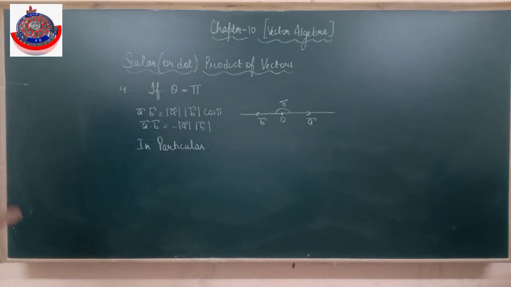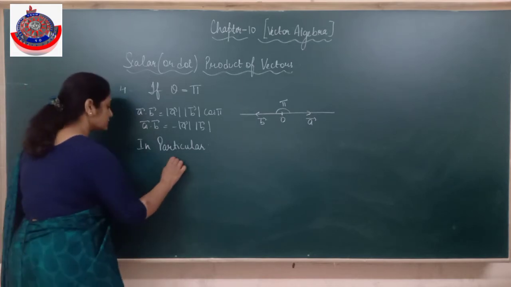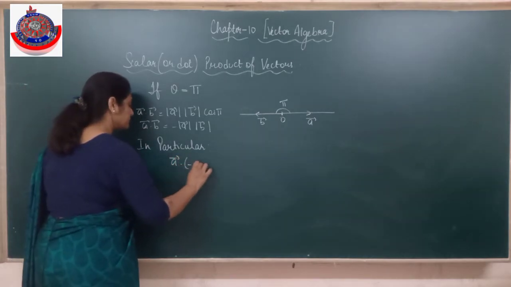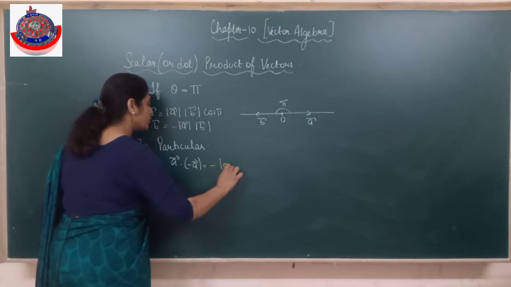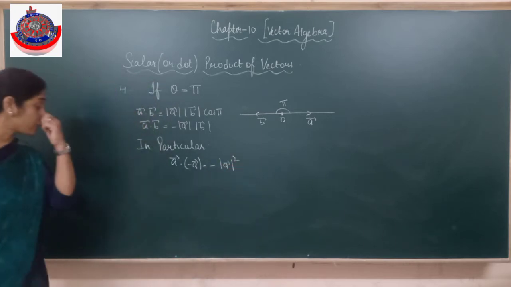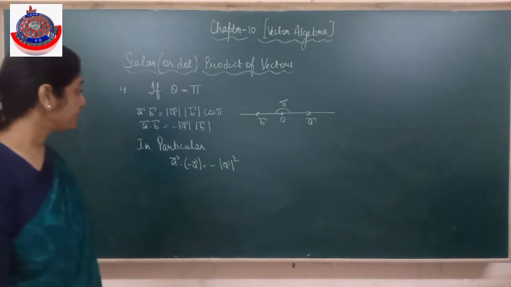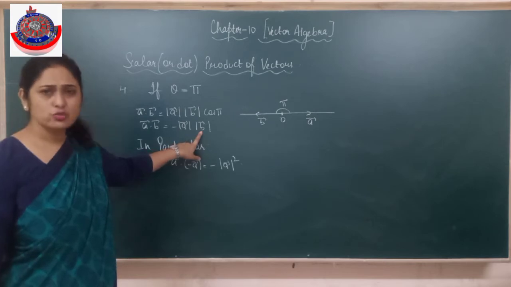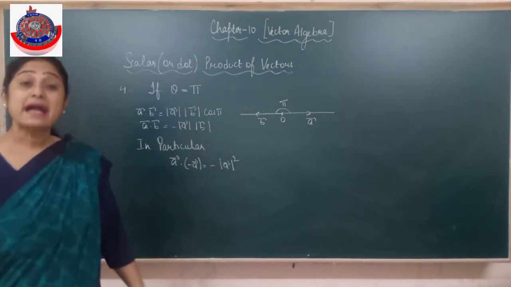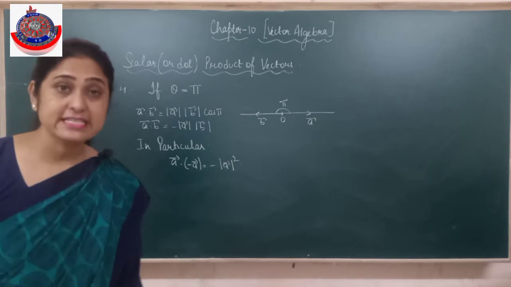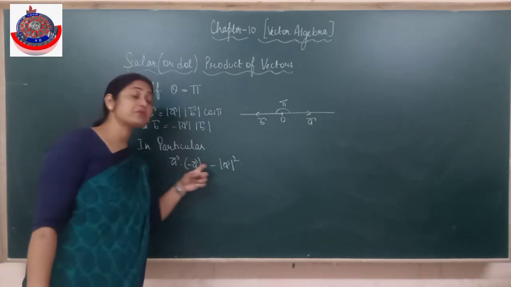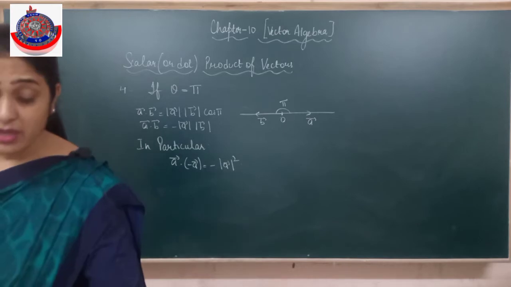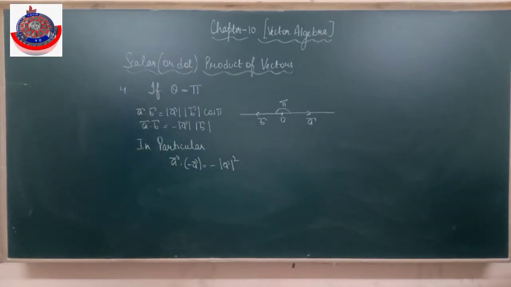So that means if I say a vector in dot product with minus of a vector, that will always be equal to the negative of the square of its magnitude. यहाँ minus पुट किया, minus का अगर तुम magnitude लोगे it's going to be the same because magnitude makes a negative term also positive. Is it clear? So a vector dot minus of a vector is always equal to minus of the square of its magnitude.